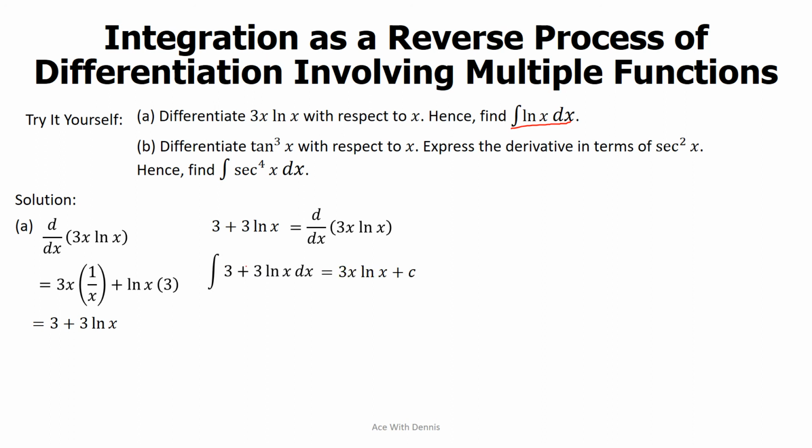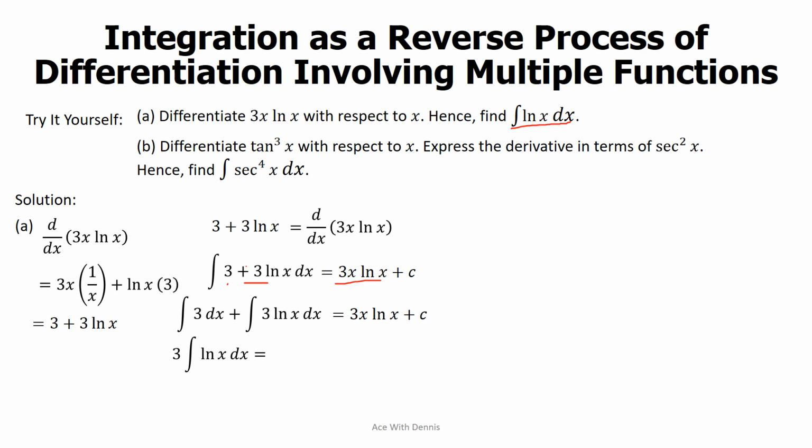Then we integrate both sides. So if we integrate 3 plus 3 ln x dx, we should get 3x ln x plus c. After that, we split these two terms out and integrate them separately. We get integration of 3 dx plus integration of 3 ln x dx equals 3x ln x plus c. Now we want to make integration of ln x dx the subject.